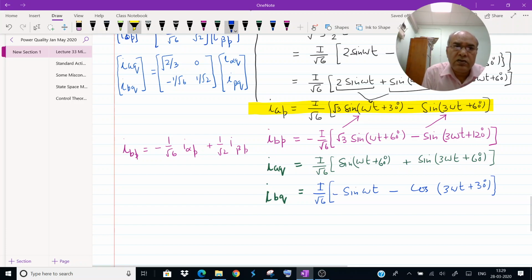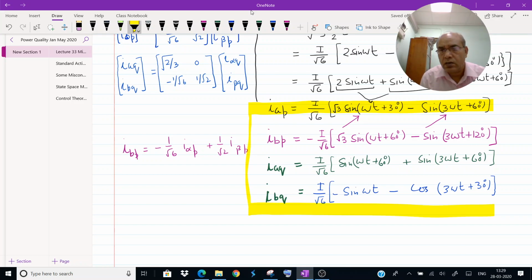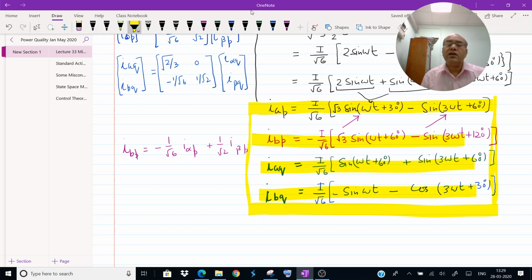These are the four expressions giving the values of active and reactive components of the current in the ABC frame. Okay, and each of these terms has a fundamental and third harmonic.